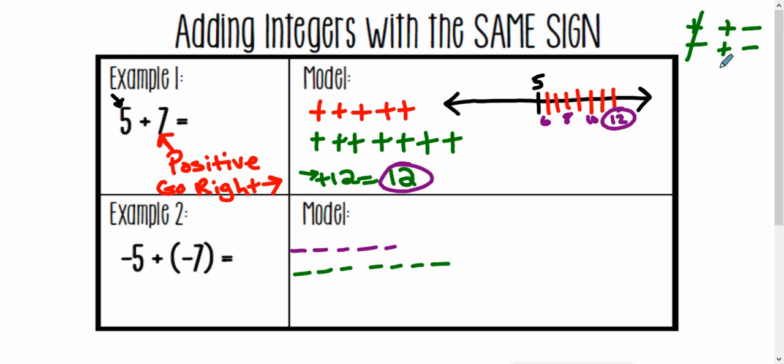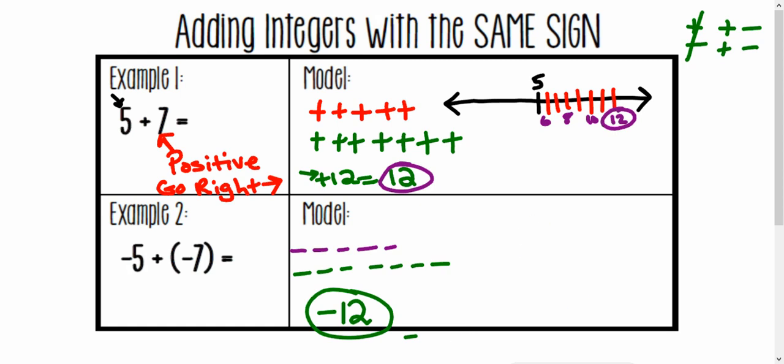So then think, are we going to cancel or are we going to keep? These are all the same, so we keep them all and just count them up. 1, 2, 3, 4, 5, 6, 7, 8, 9, 10, 11, 12. 12 negatives, so our answer is a negative 12. And in this case, you do need that negative.